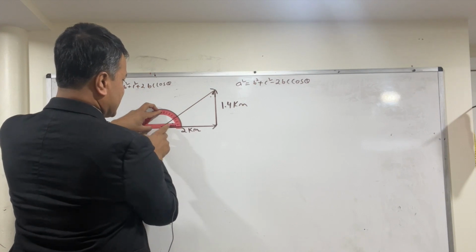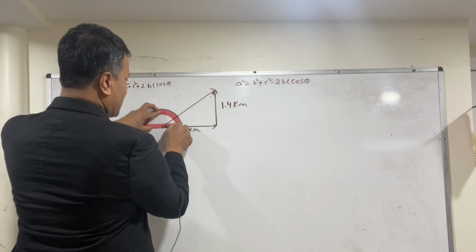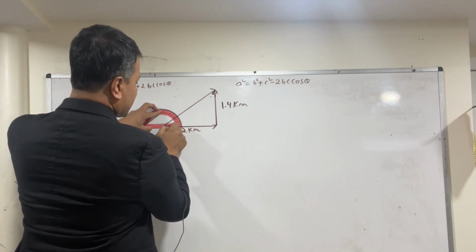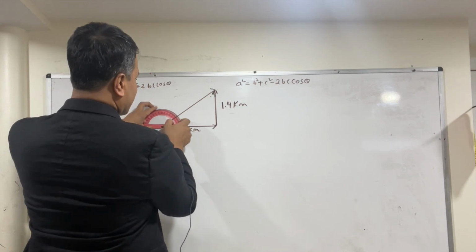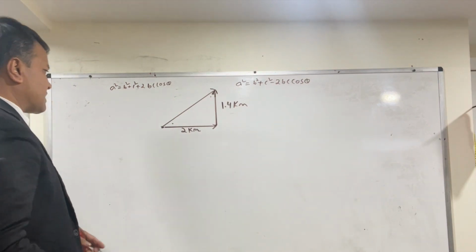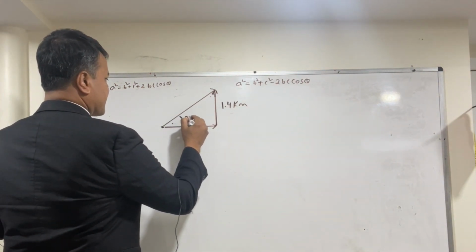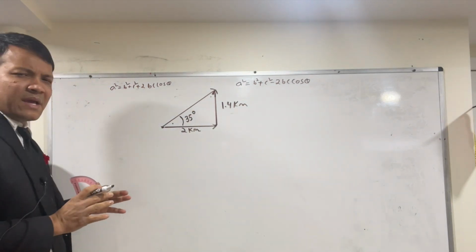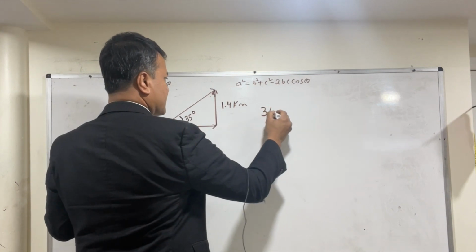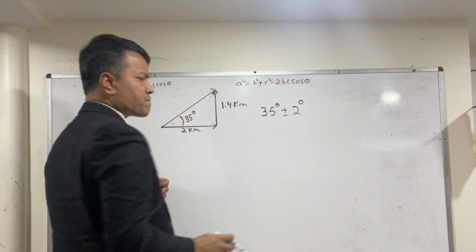Put the dot and the 0 aligned on the x-axis and move. I see 10 degrees, 20 degrees, 30 degrees, and 35 degrees. So this is what I see, 35 degrees. Since I measured it by hand, I'm not sure whether it is actually 35 degrees. I have to write 35 degrees plus minus 2 degrees.